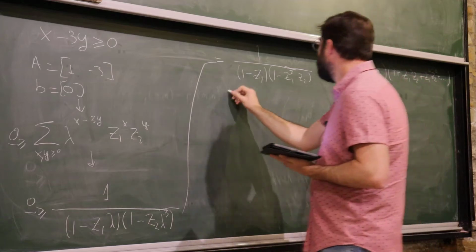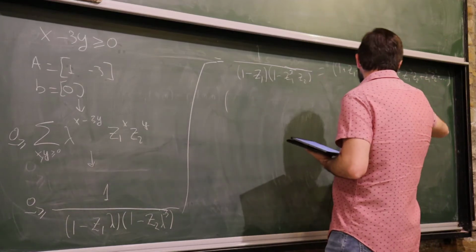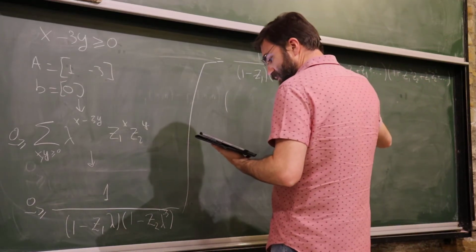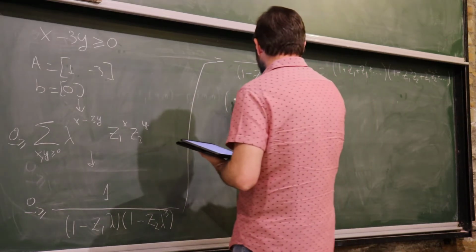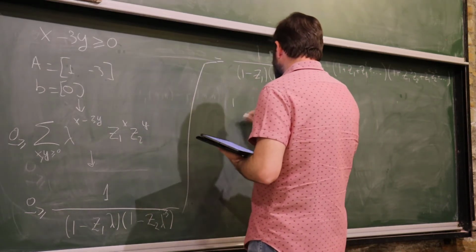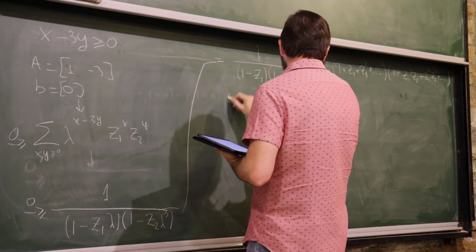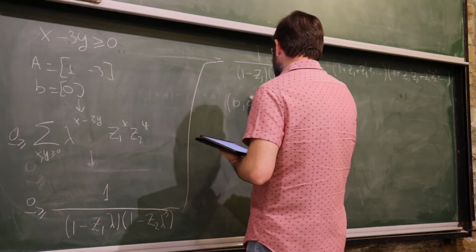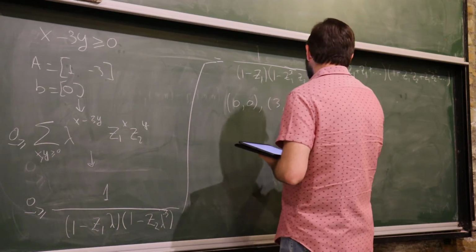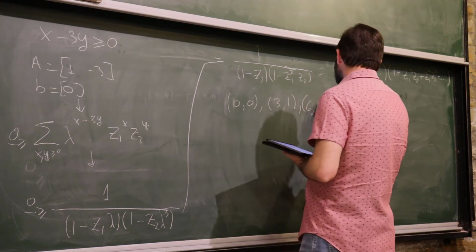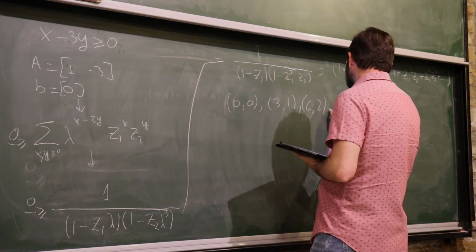So the points we will get, if we start with the first, it is 0, 0. I will just write the exponents now. 3, 1, 6, 2, etc. Right?